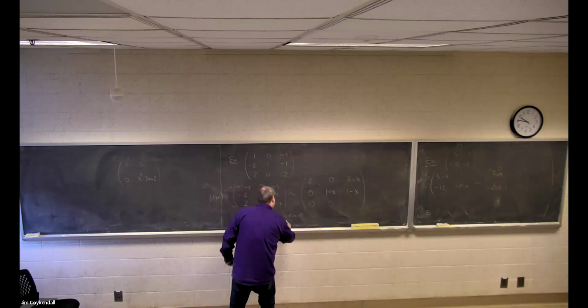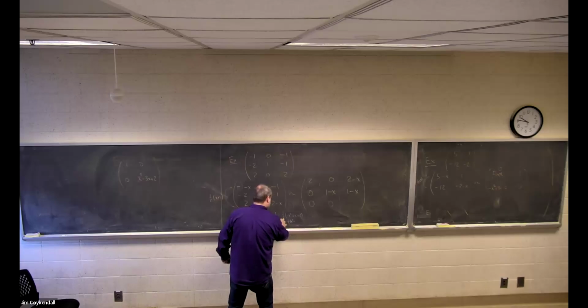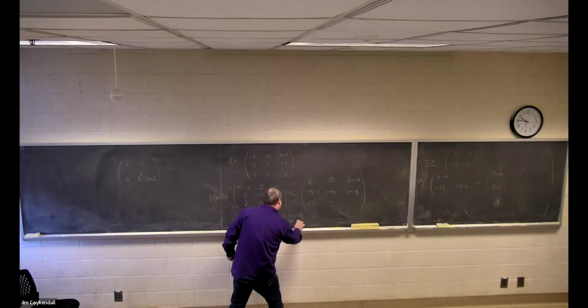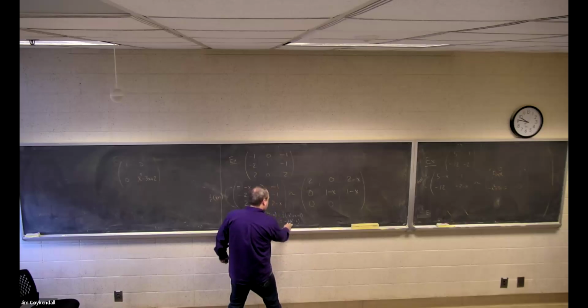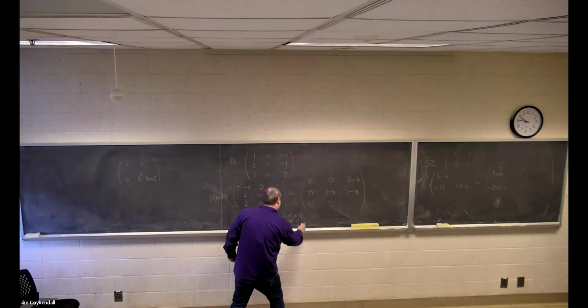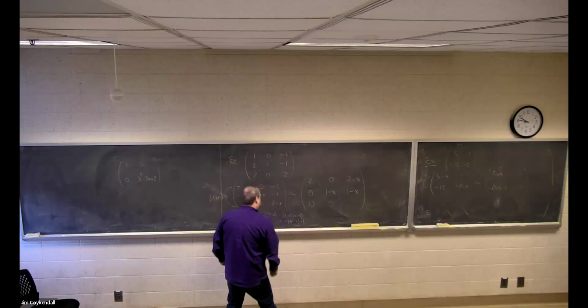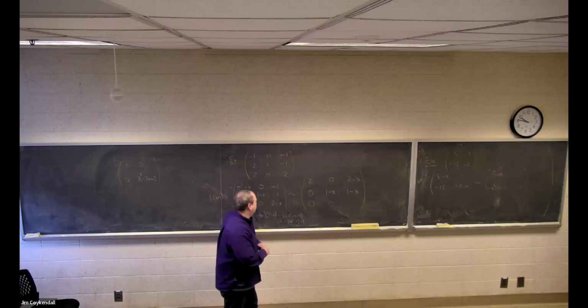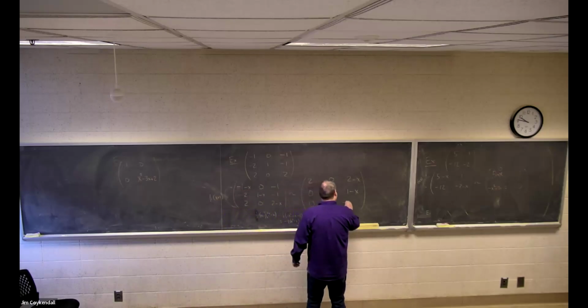So this becomes minus 1/2 X squared minus X, and then plus 1. So when I add this to this, the ones cancel. I get minus 1/2 X squared minus X.